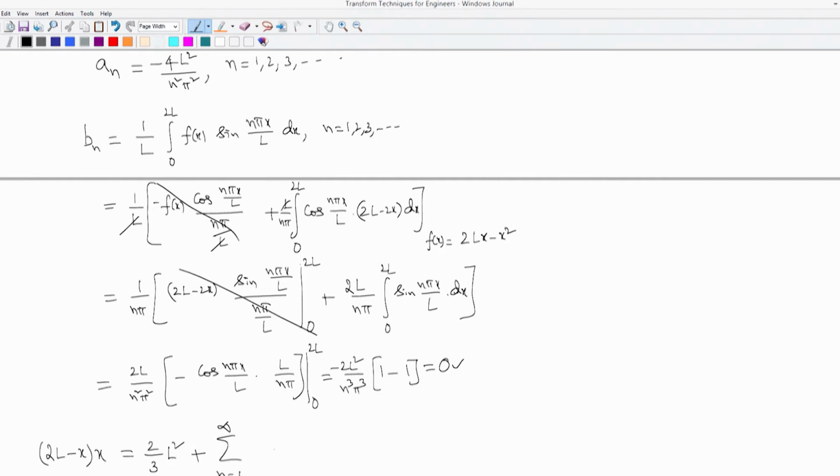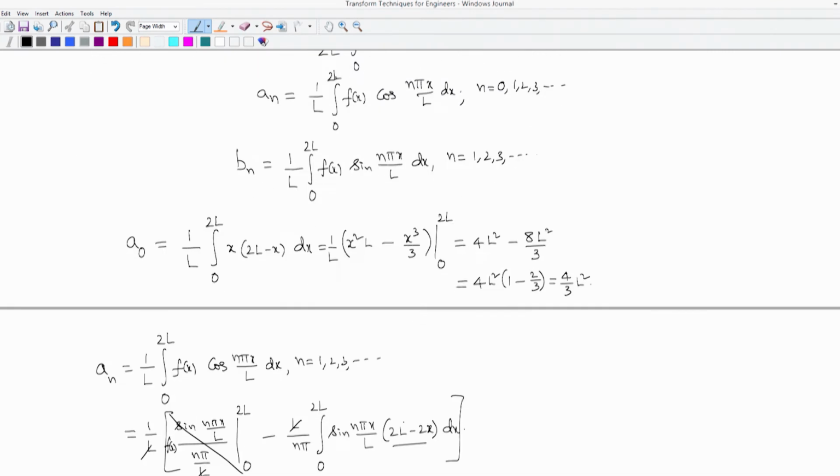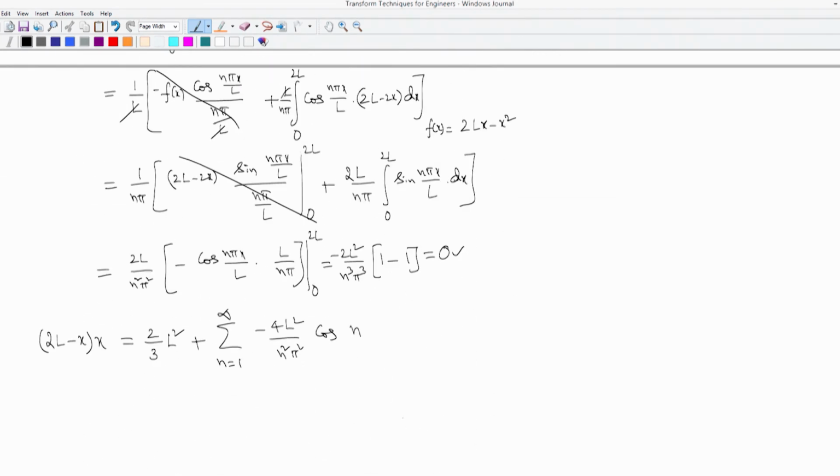A n is minus 4 L square by n square pi square, cos n. What is your omega naught, the fundamental frequency, which is pi by L. So, cos of n pi by L x. Okay. So, this is exactly your Fourier series.